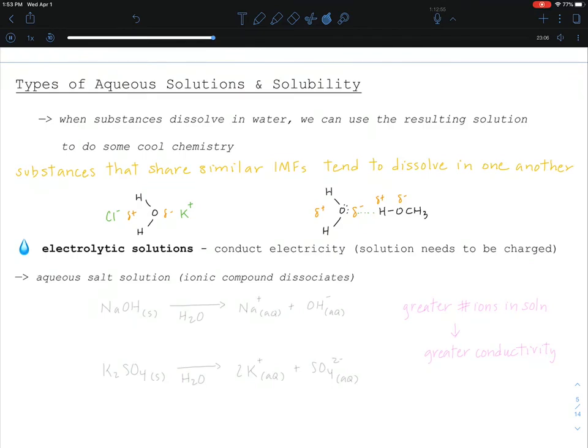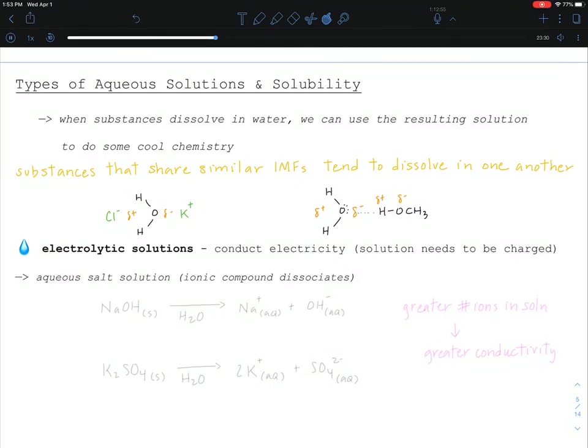If you have an aqueous mixture of ions, you can conduct electricity through it, an electrolytic solution, because electricity is simply a stream of negative charge. It's a stream of electrons. So we can conduct electricity through a solution of charged particles because our electricity is a stream of charged particles.